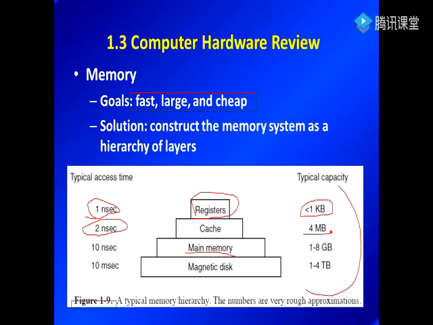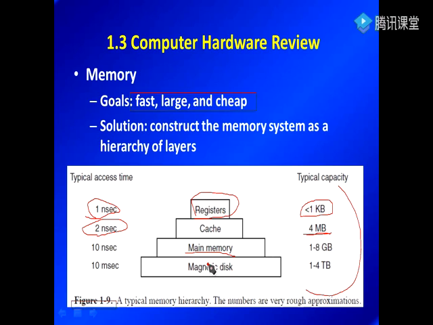We don't control the data access on cache through software. We use hardware to control this, so it's very fast and it's stable. But the capacity for the cache is not big enough. So maybe it's less than 4 million bytes.